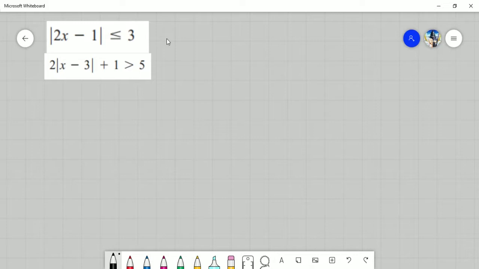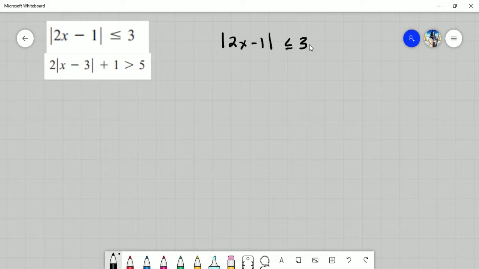So starting with the first one, in order to get rid of the absolute value bar, that's the first thing we have to do. There's a formula for this type.